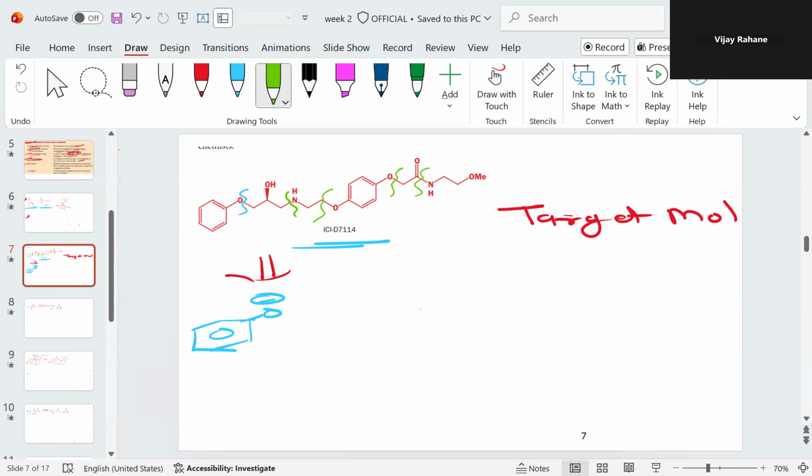So what might be the fragments present in this? This is the one fragment that we have identified, the central phenyl with the 2 O negative, right? So this is one fragment. The other fragment is the CH2 double bond O.